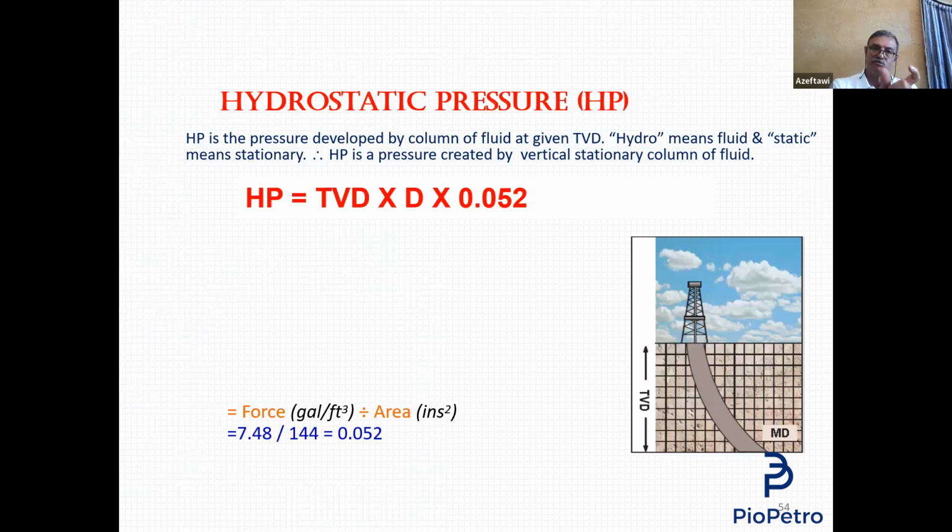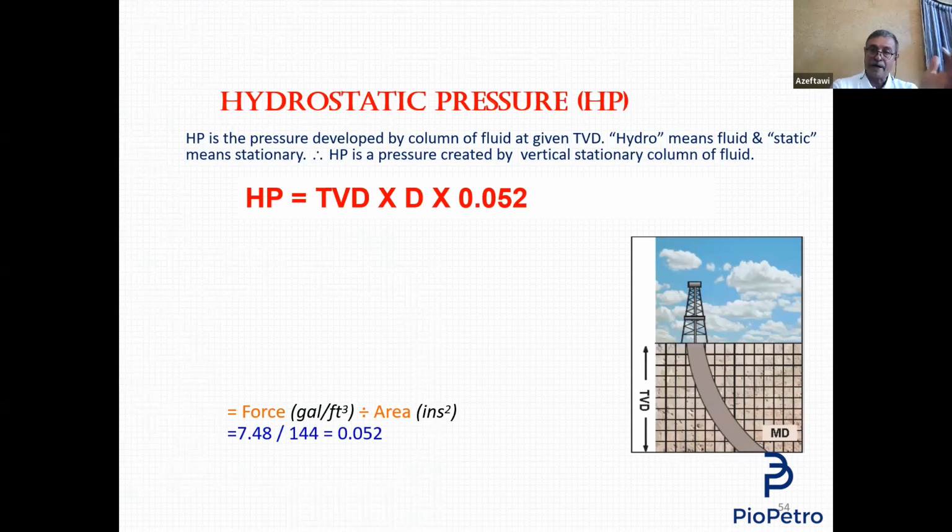And we are using this formula because we are dealing now in this course with API units. So the pressure is PSI, pounds per square inch. The distances, we measure with feet. The density, we measure with ppg, pounds per gallon.